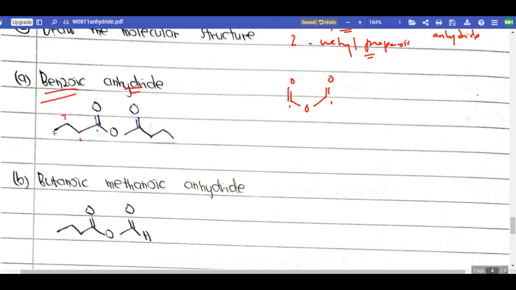If we number the structure, it's clearly stated that this is a butanoic. Okay, it's not benzoic. Remember guys, benzoic is a structure of benzene attached to the C double bond O. So if we draw the structure, it should look like this.